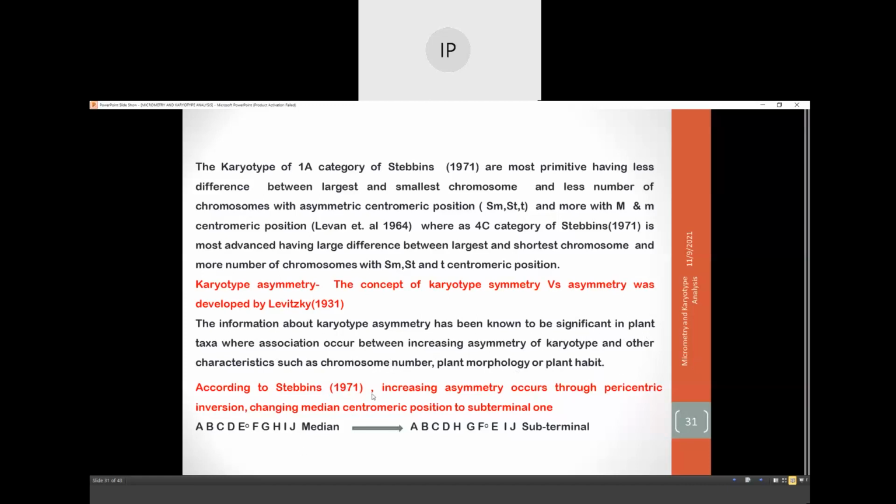According to Stebbins 1971, increasing asymmetry occurs through pericentric inversion, changing a median centromeric position to a subterminal one. You can see here the pericentric inversion takes place in the segment EFGH. It becomes inverted, HGFE, and it becomes subterminal.